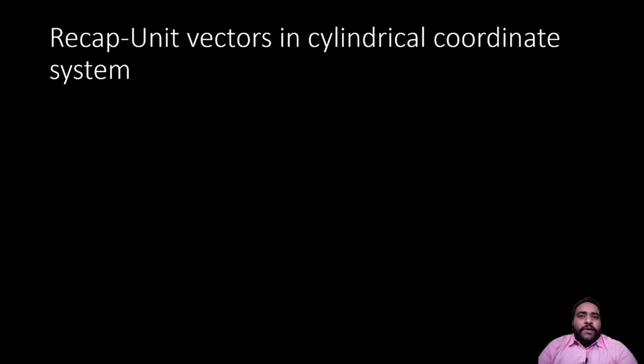Many of you might have missed the last lecture. Hence, we would just recap the components of those lectures which would be useful in our current module. First thing to remember about these unit vectors is that unit vectors in cylindrical coordinate system are not universal.